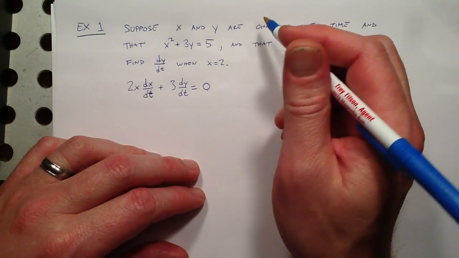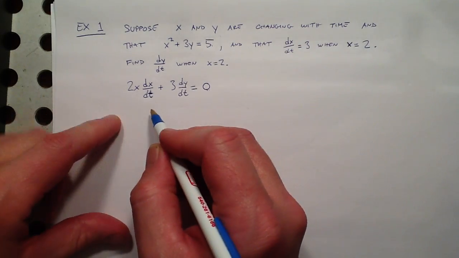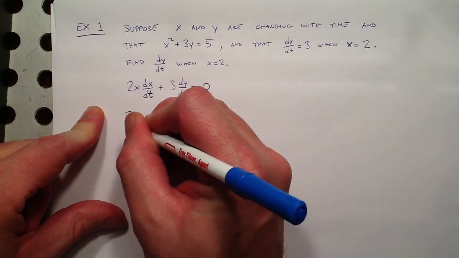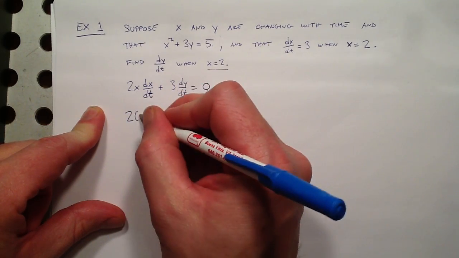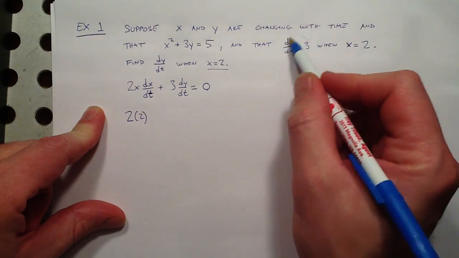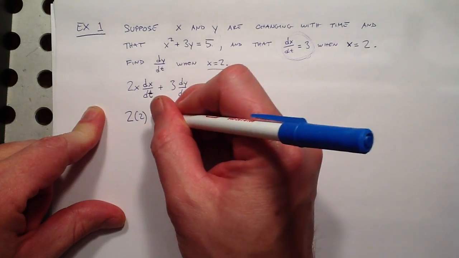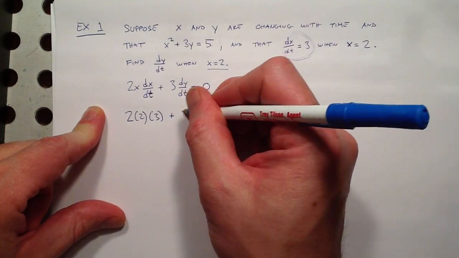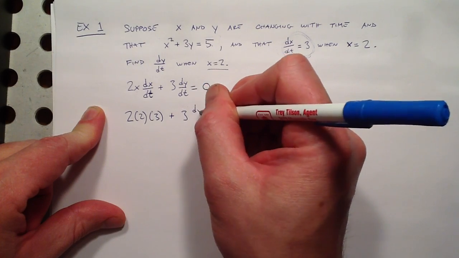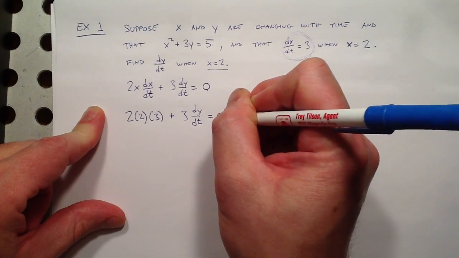Okay, now we're supposed to plug in what we know. We're talking about when x equals 2, so x is 2, and I told you what dx/dt is, that's 3. So 2 times 2 times 3 plus 3 times dy/dt equals 0.